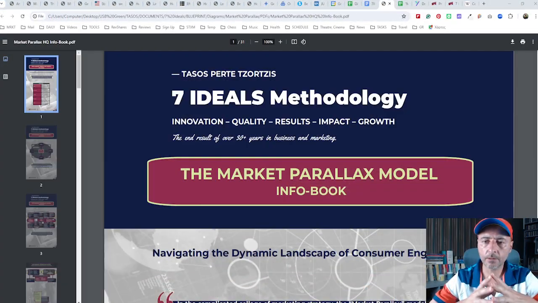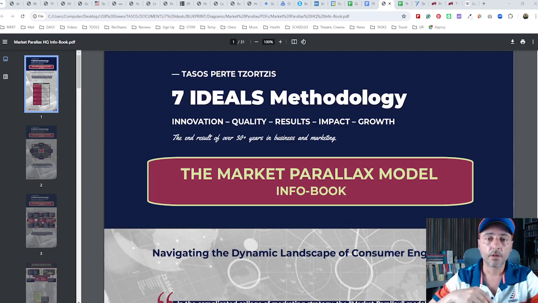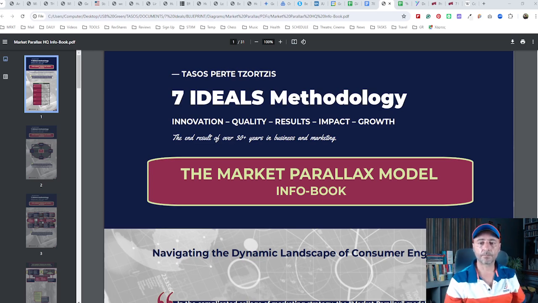Now let me show you what I've researched so far, what I've learned, and which models and frameworks of the 7 ideals methodology I've used. So I started researching consumer behavior first, consumers, with the market parallax model, which is about consumer behavior, market segmentation, putting customers into different categories, different buckets, targeting those segments, positioning, market positioning our brand relative to competition, and testing.